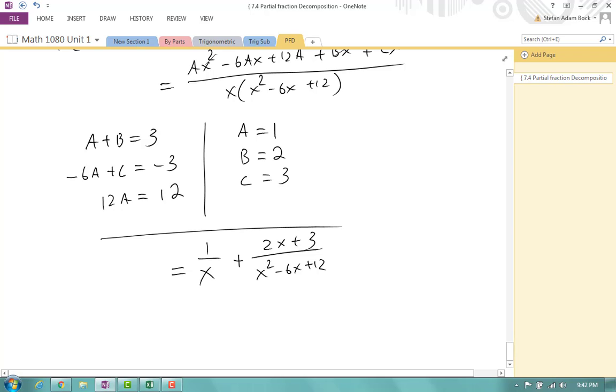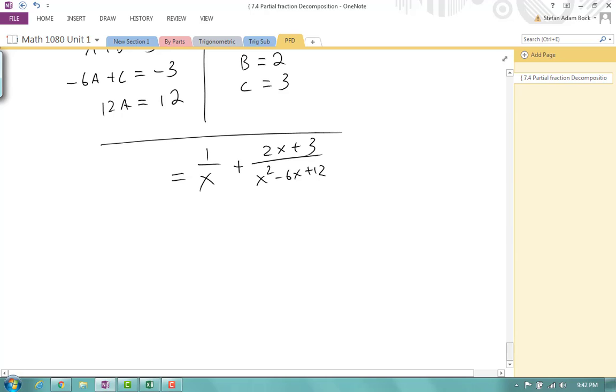If I needed to integrate this first part, I would just have natural log of x. But what would I do about the second part? A simple u substitution doesn't seem like it's going to do it. Well, the answer is to complete the square on it.